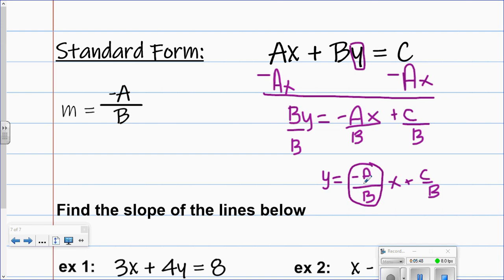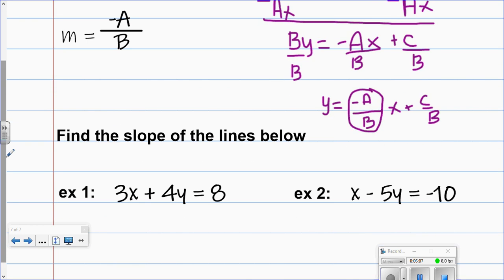So instead of having to solve for y all the time, if you just know that the slope will be negative a divided by b. So you take this value, a, and do the opposite sign of it over b, and that's the slope of the line.